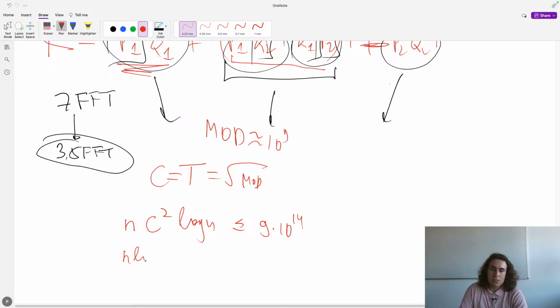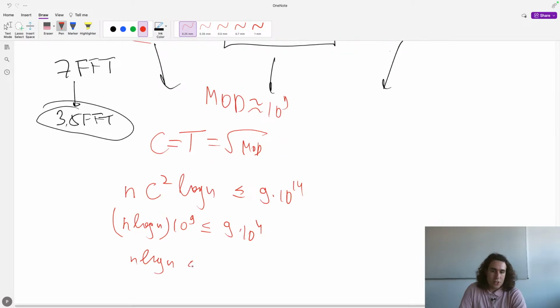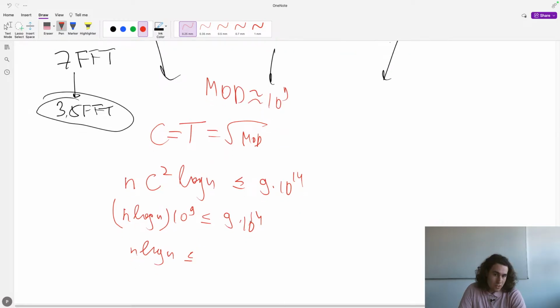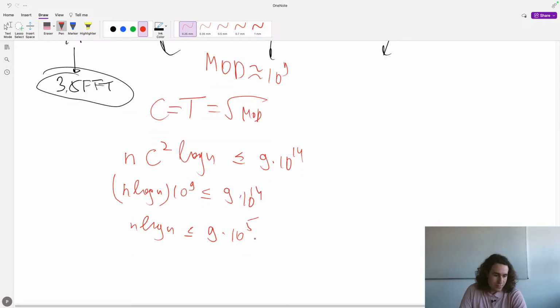So we have n log n times 10 to the 9 is at most 9 times 10 to the 14. So n log n should be at most 9 times 10 to the 5. This is okay for n at most 50,000.